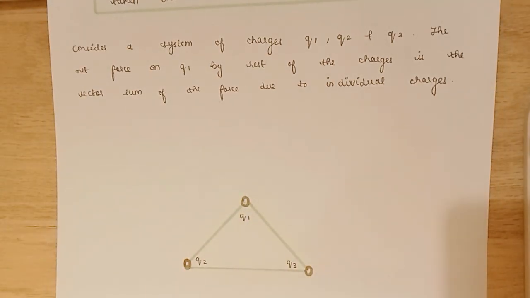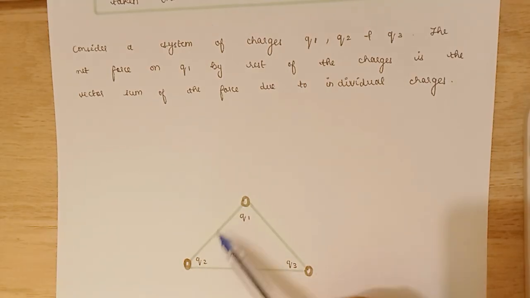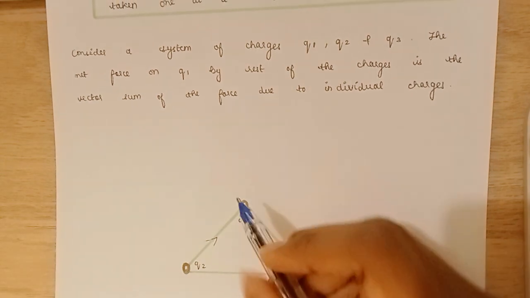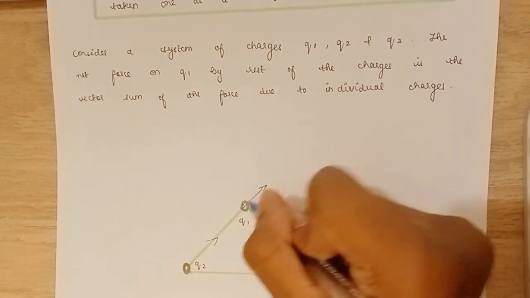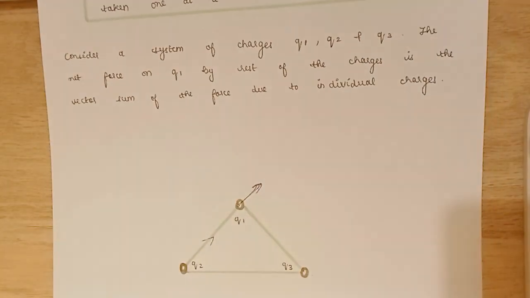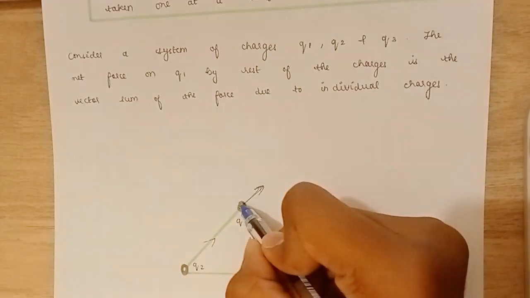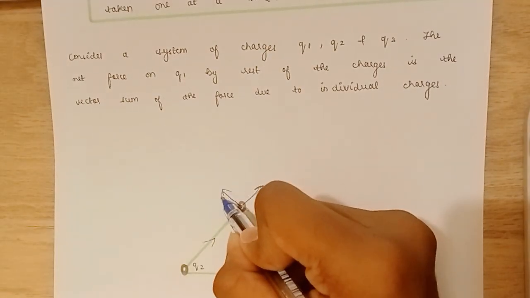So how do you find that? We know Q2 will exert a force, so there will be a force in this direction towards Q1. And Q3 will exert a force towards Q1 and that will be along this side.